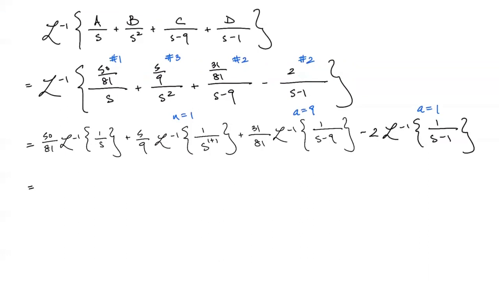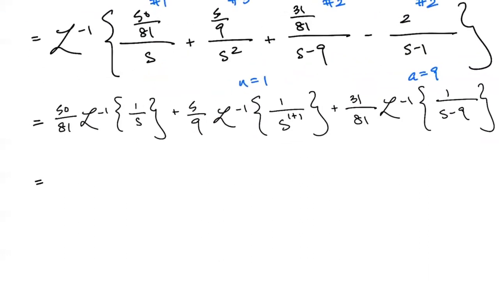And so as we finish off this problem, we end up with 50 over 81 times 1, right? The inverse Laplace of 1 over s is 1, plus 5/9 times, this is line 3, t to the first power, because n is 1, plus 31 over 81.